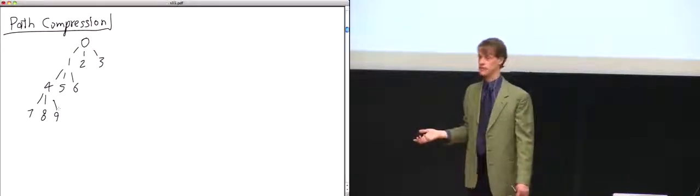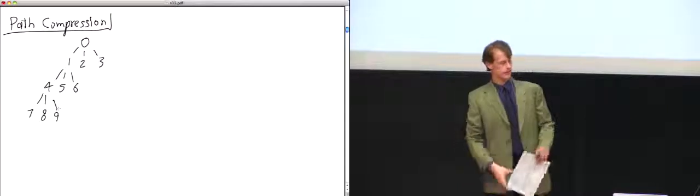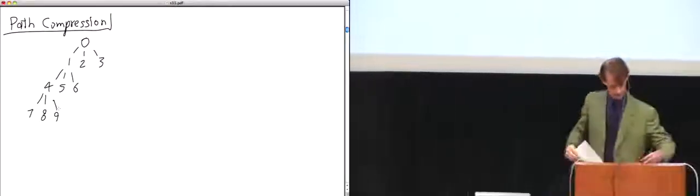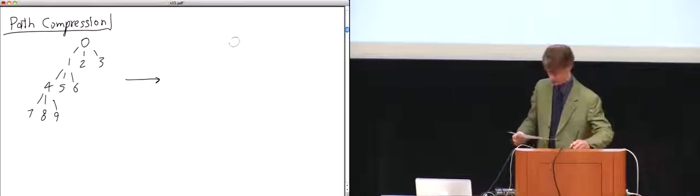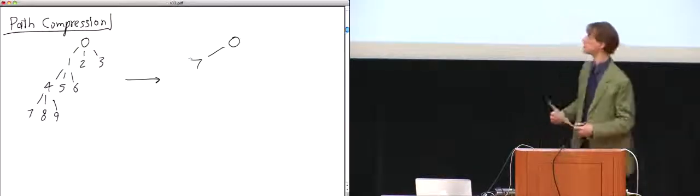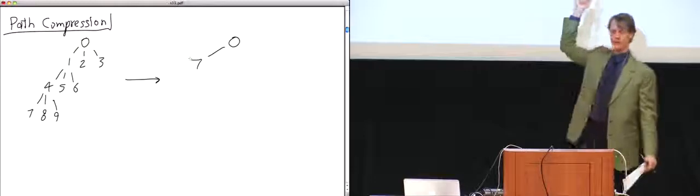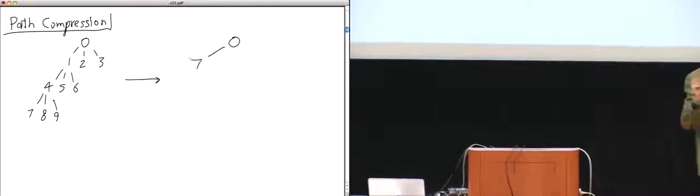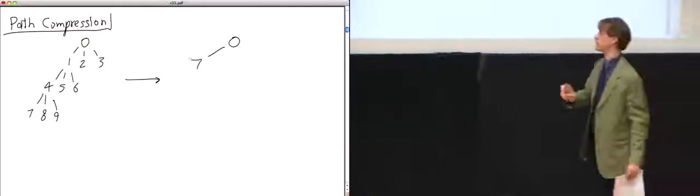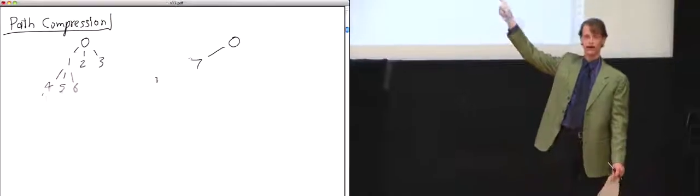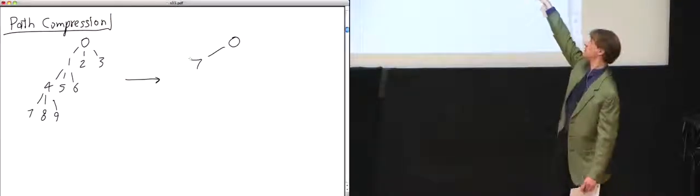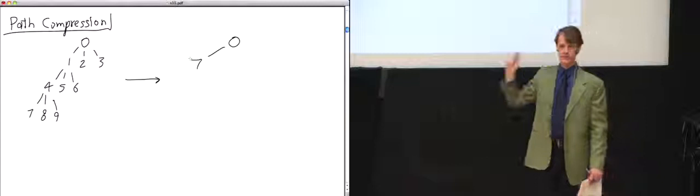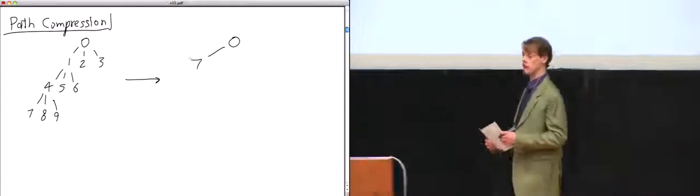That way, if I do the find operation again later, the 7 will be right there, a child of the 0, and now it'll be faster. So the second time I do find 7, I don't have to walk through 4, walk through 1. All I have to do is just walk one step from 7 to its parent, 0, and I'm done.